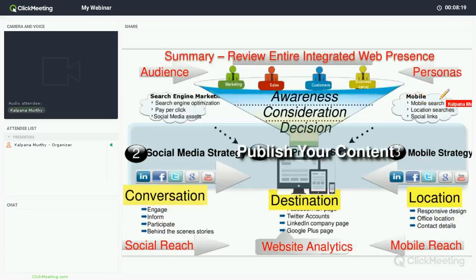And for mobile, we have mobile search strategies, mobile SEO, local searches, and social links on your website for mobile phones. So that's, in a nutshell, a quick overview of all the components that you have to have in place for your business.